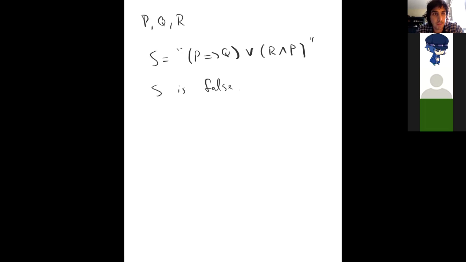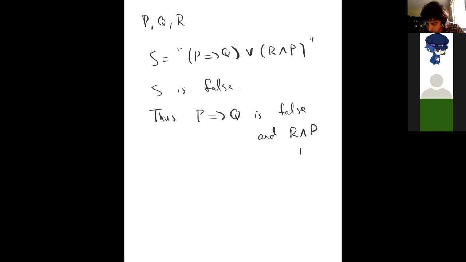Remember, this is an OR statement, so the only way an OR statement is false is if both things on the sides of the OR are false. So this says that P implies Q is false, and R and P is false. Does that make sense?